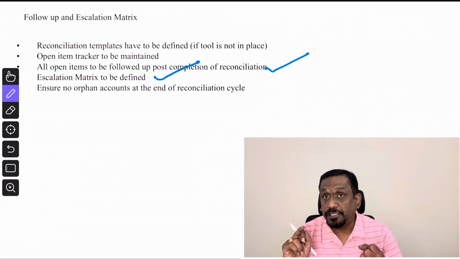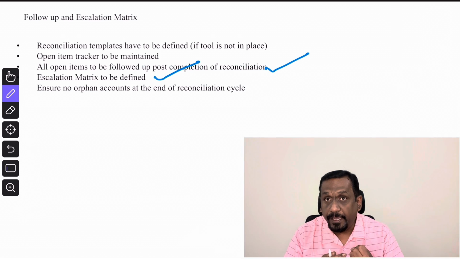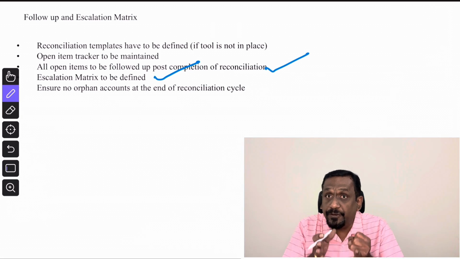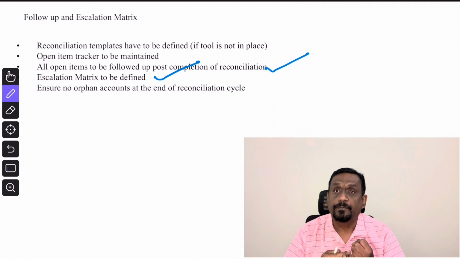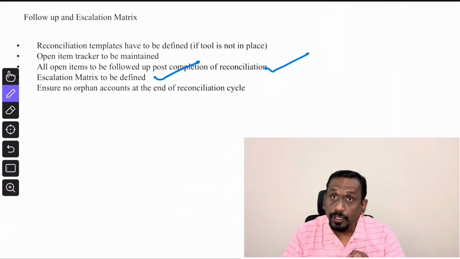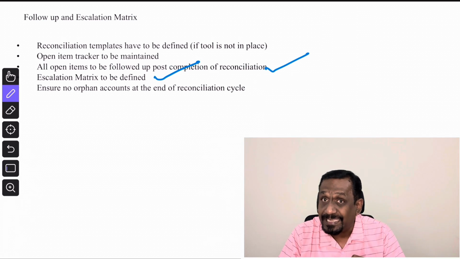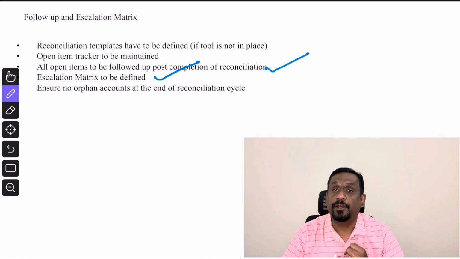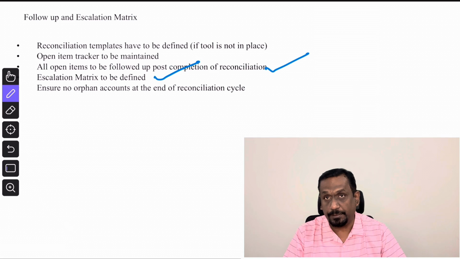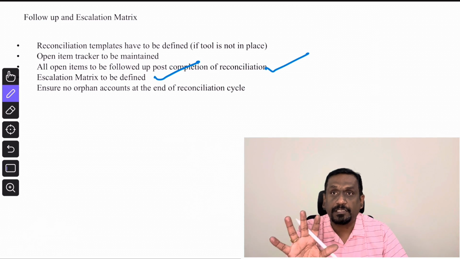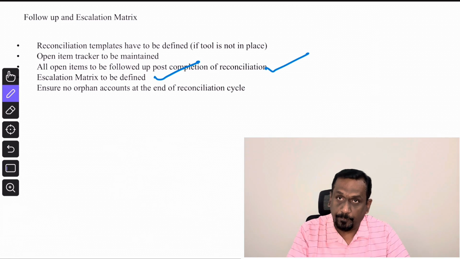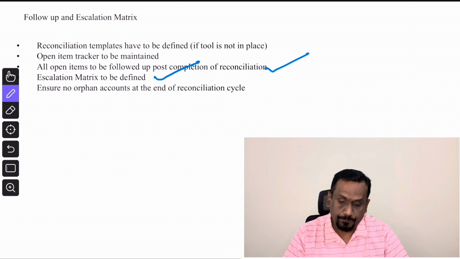So the escalation matrix means you need to define the timelines between each follow-up, and with whom you need to follow up is also to be defined. With whom you need to escalate also needs to be defined in our reconciliation policy. That escalation matrix is very important in terms of clearing your open items.